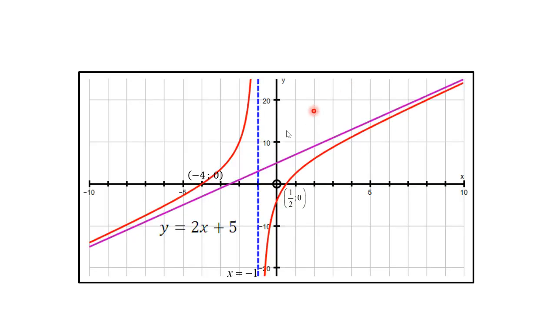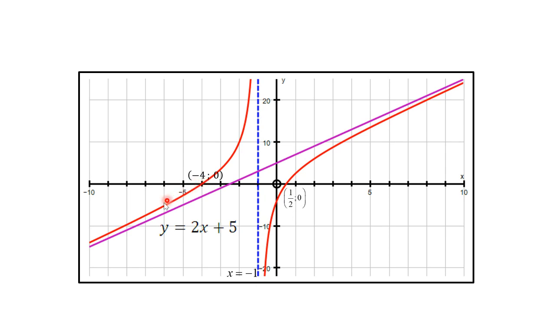When we sketch it, remember to sketch your asymptotes first. I would have put this purple one as a dotted line just to represent that it is actually an asymptote. Label it y equals 2x plus 5. Label your other one, x equals -1. There were no turning points here, but there were x-intercepts, so plot them and label them.